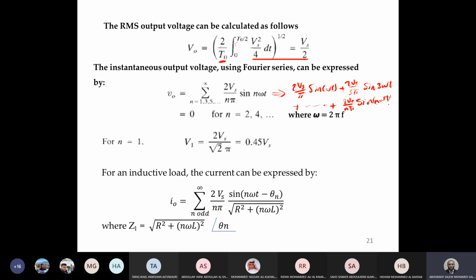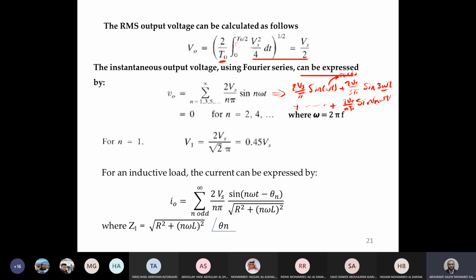So this means we don't have only the fundamental waveform that we need. For instance, if we have a 50 hertz or 60 hertz load, omega should be 2 pi multiplied by 60. This is omega. But now from this waveform we will have not 60 only, we will have 180 and multiples. Right or wrong?